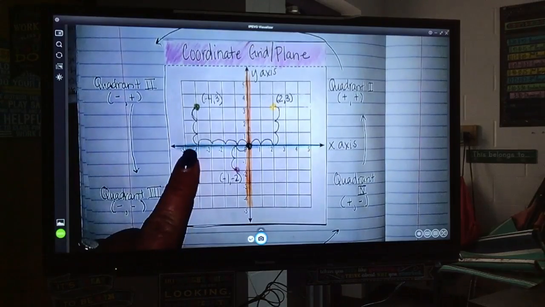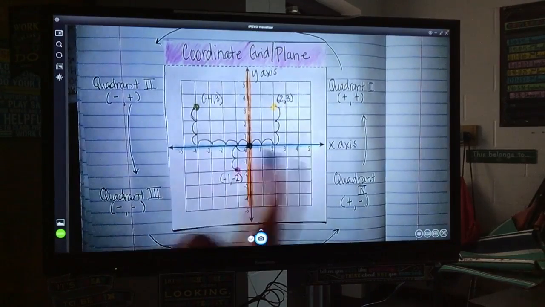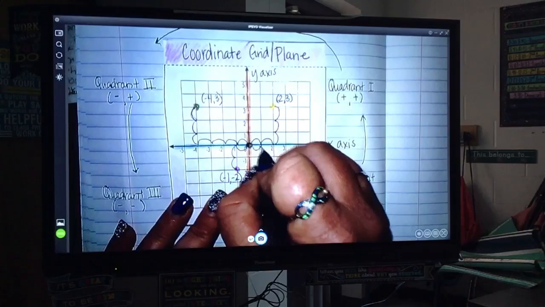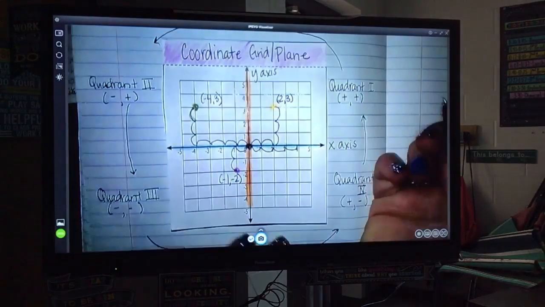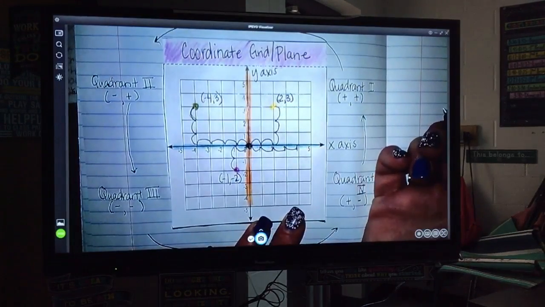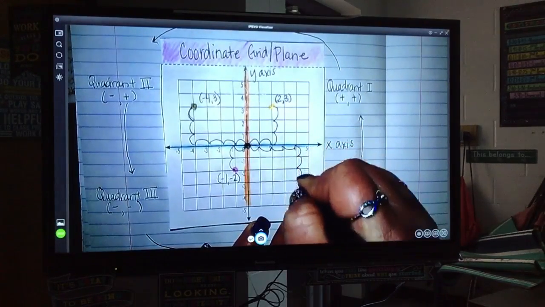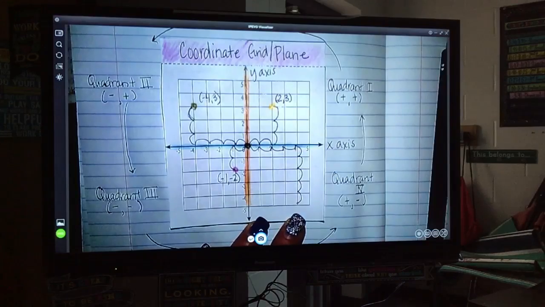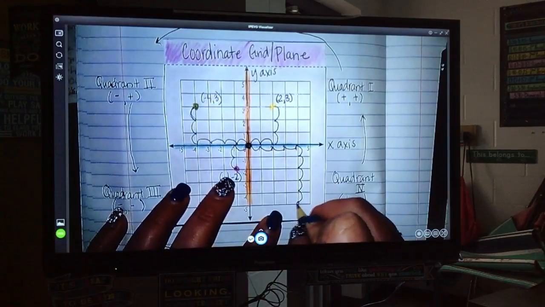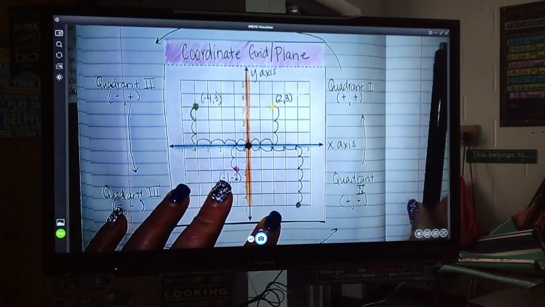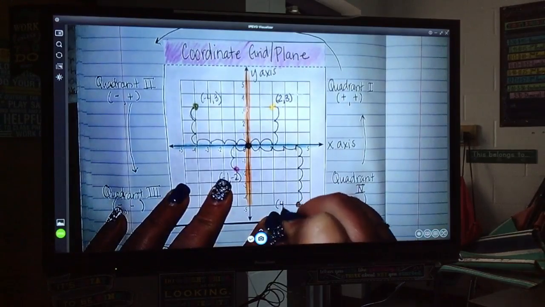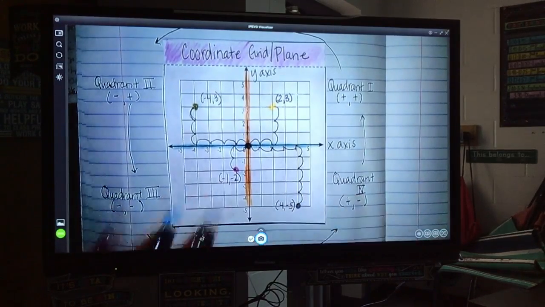This way? No. Okay. So 1, 2, 3, 4, okay. And then you go 5 down. And that one is for -5.